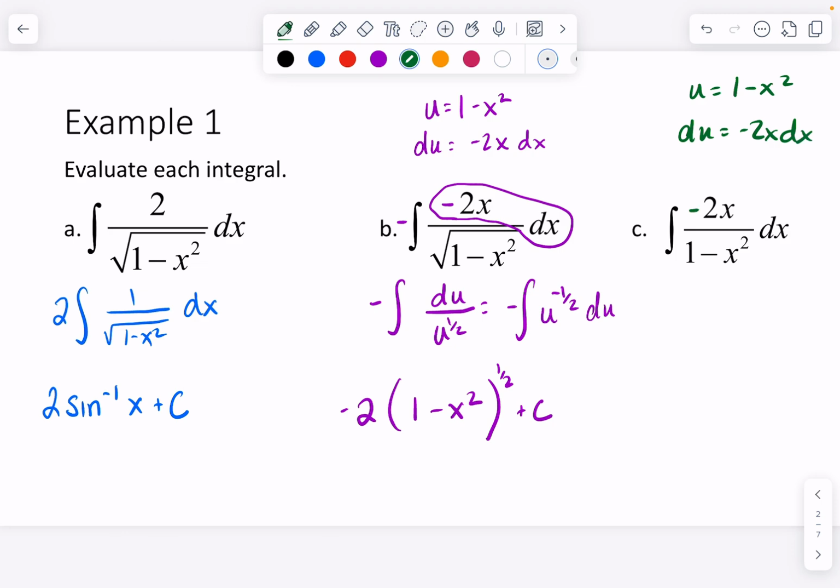Okay, so I need a negative and a negative. So I now have the negative integral of 1 over u du. Well, that's the negative ln of what was inside plus c. By inside, I mean what my u was. And we get that.